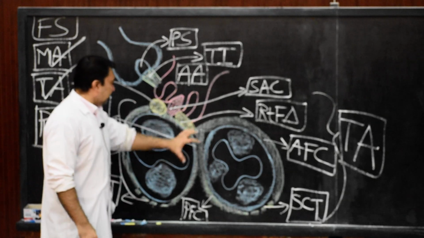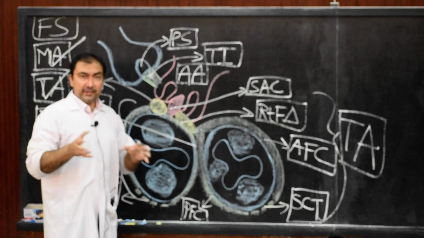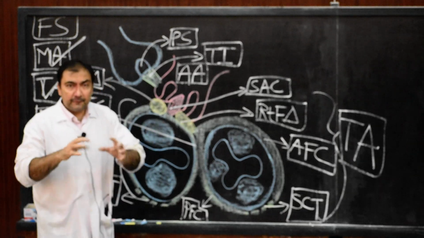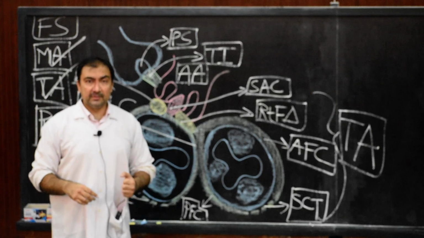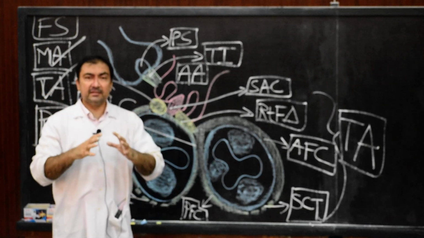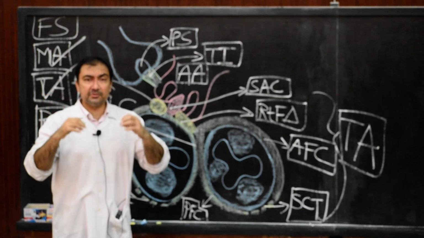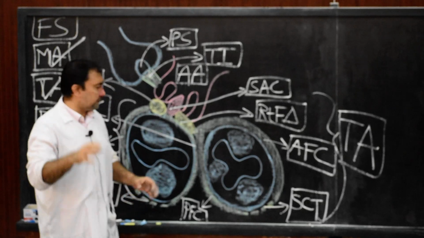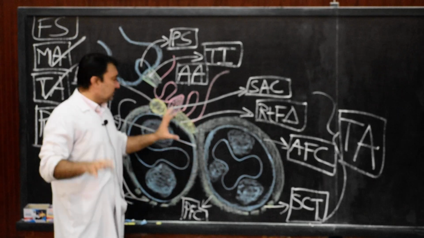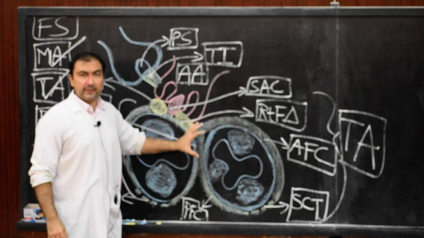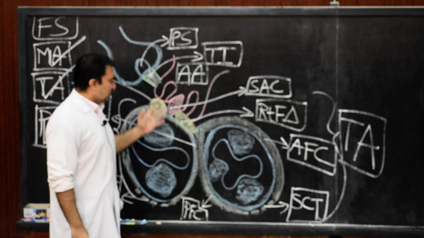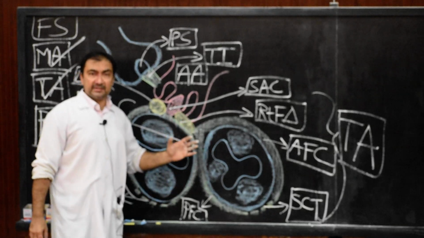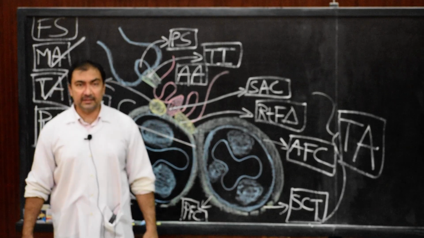And this fibrous skeleton is so tough that during this surgery of valvular prosthesis, it can hold the sutures under persistent or increased tension. That is the capacity of this fibrous skeleton of the heart. With this, we end our gross anatomy of fibrous skeleton of the heart. Thank you very much.